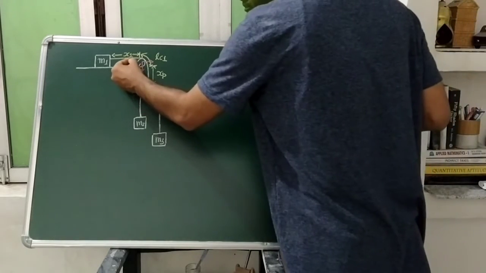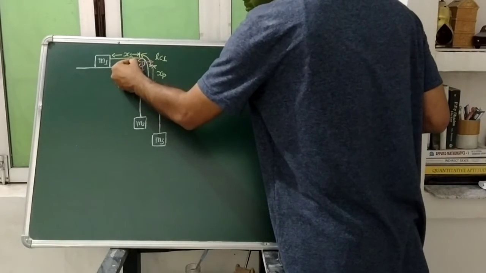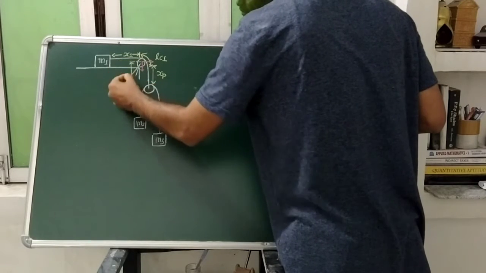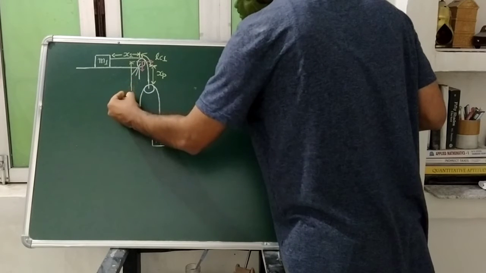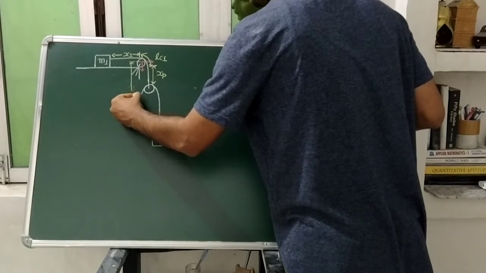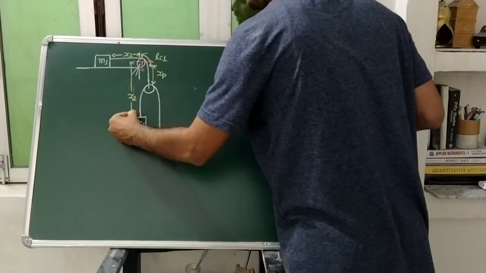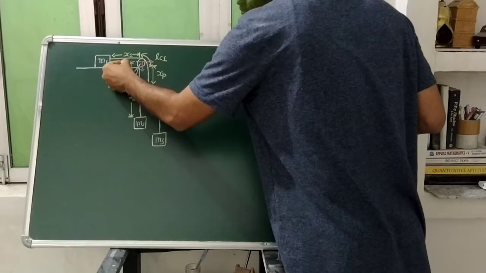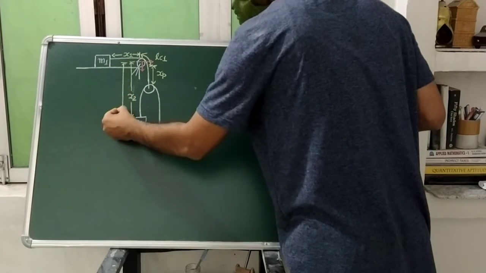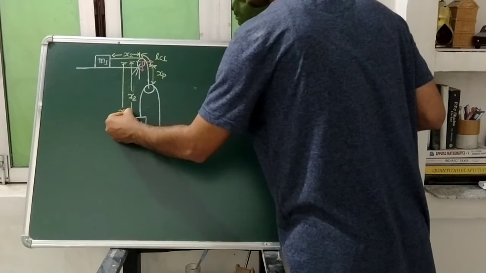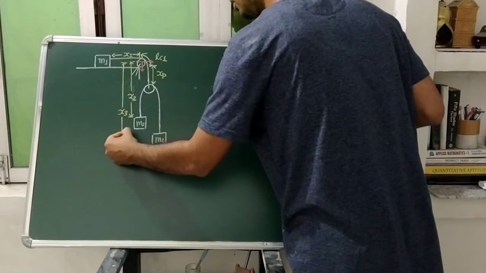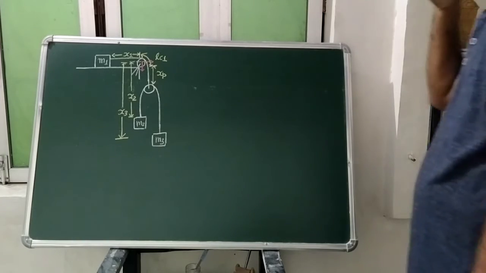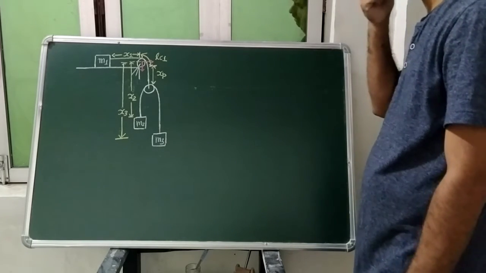And suppose this block of mass m2 is present at the x2 length from the fixed point, and this block of mass m3 is present at the x3 length from the fixed point. So we want to know the relation between the accelerations of the blocks by the traditional method.